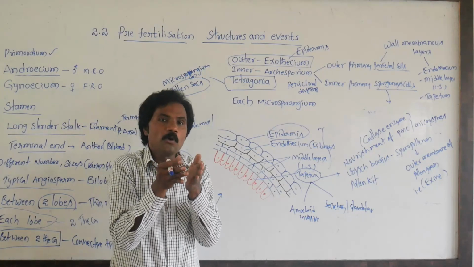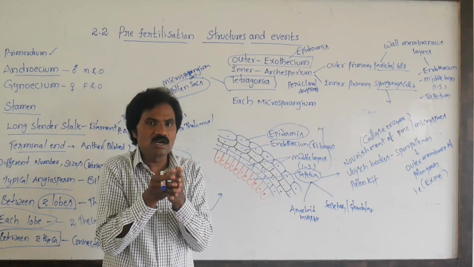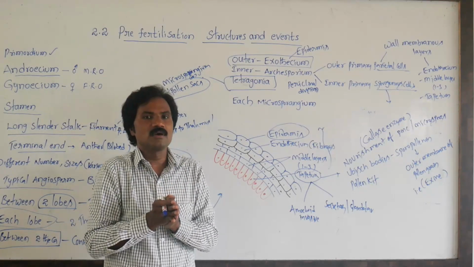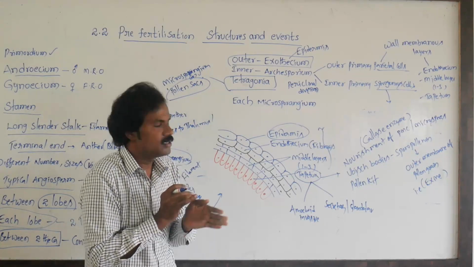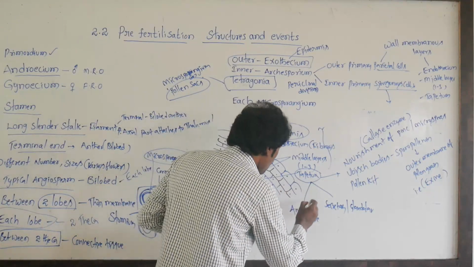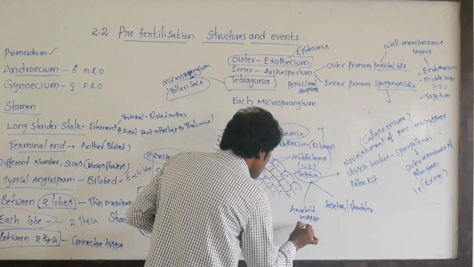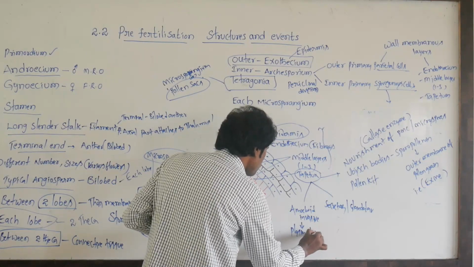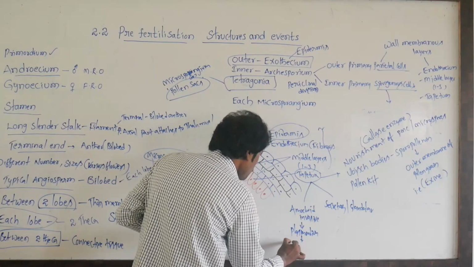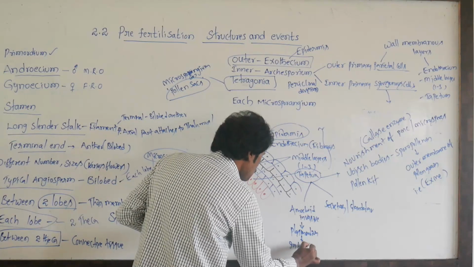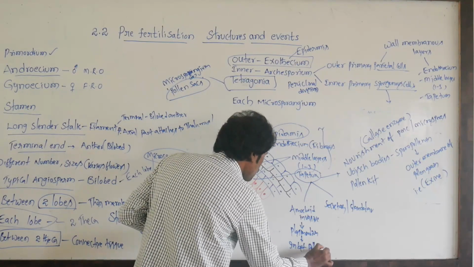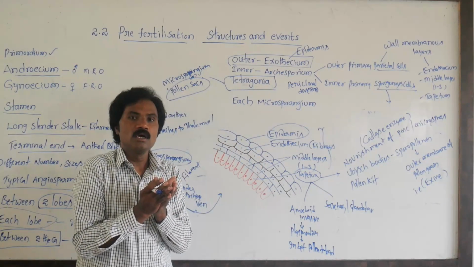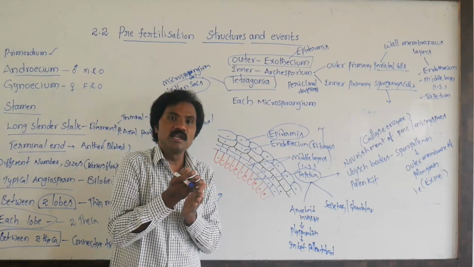Invasive tapetum is adjacent to the pollen tetrad, adjacent to the microspore cells, that is the pollen mother cells, and it forms a plasmodium in between the pollen tetrads, for nourishing them indirectly.